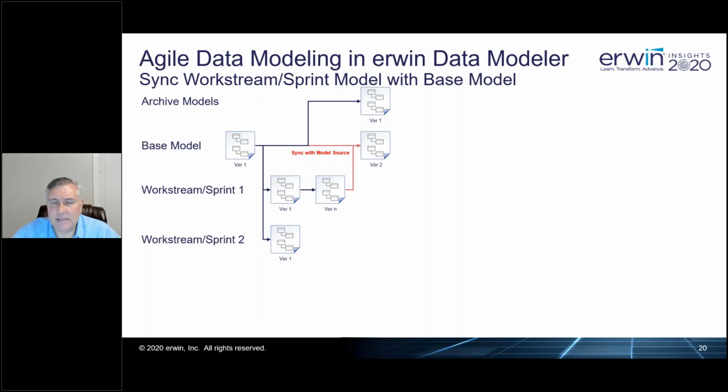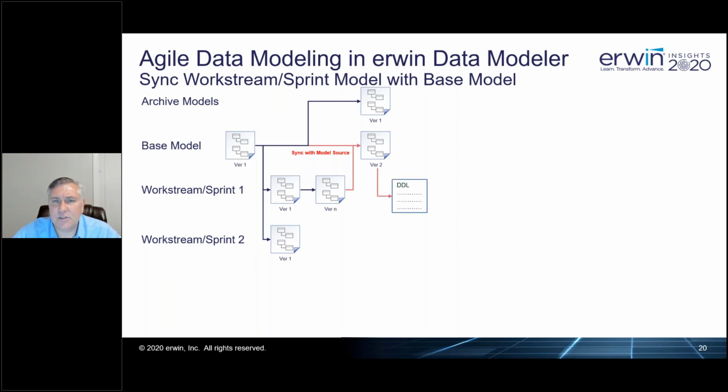Bearing in mind, the sync with model source is really using complete compare behind the scenes. It's a subset of complete compare. It allows us to apply those changes to our base model, creating a version 2 of our base model. So what do we do about our work stream or sprint 2?